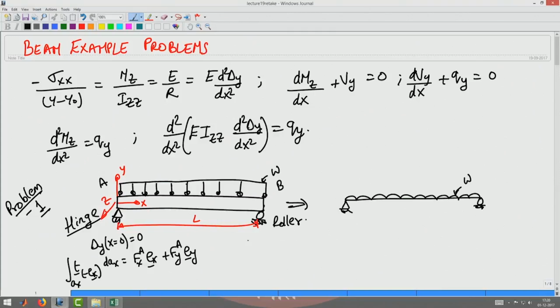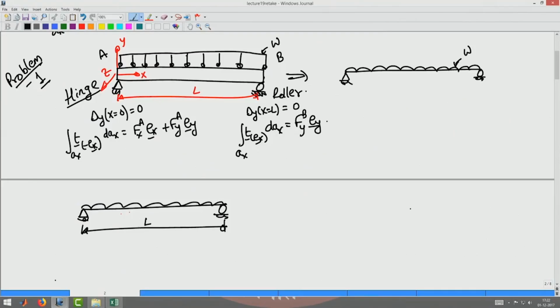Similarly, this being a roller end, delta y at x equal to L has to be 0, and the traction that is acting on this end would be just F of y Ey. Say this is A and this is B. So, that will be the boundary condition that we are going to apply.